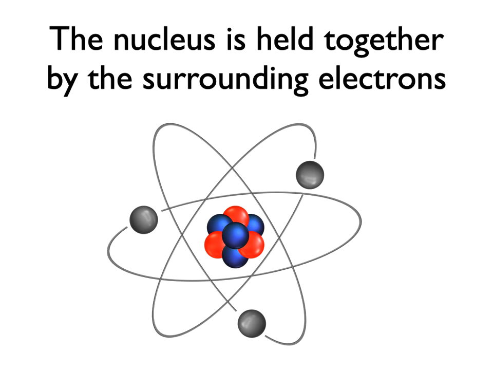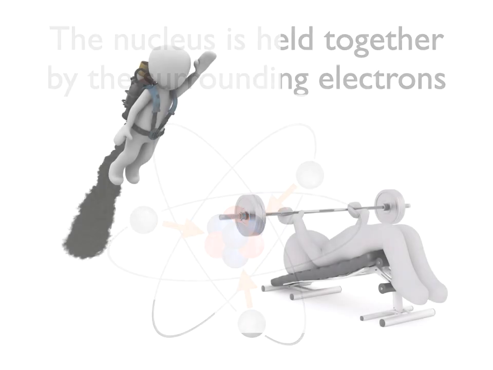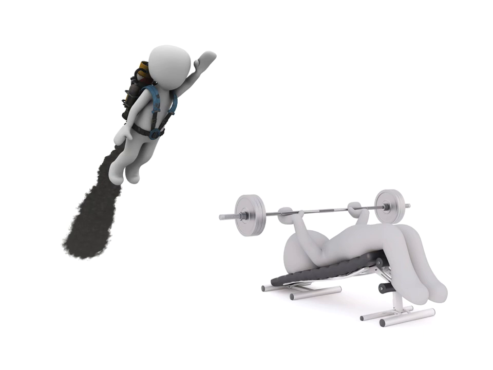If asked to suggest what holds a nucleus together, students are likely to build an explanation from fragments of what they have been taught. To a physics teacher, it should be obvious to learners that the nucleus is not being held together by the electrons, as Newton's third law suggests forces are mutual and symmetrical interactions.